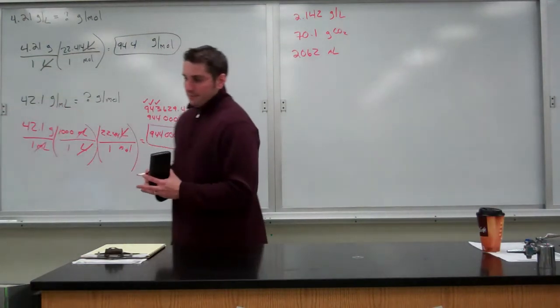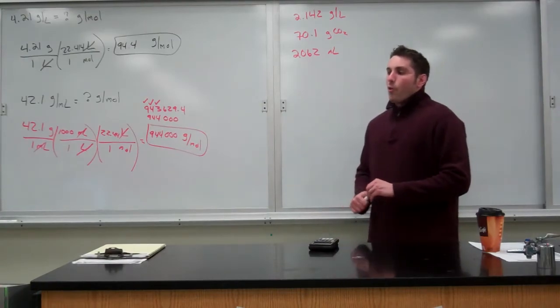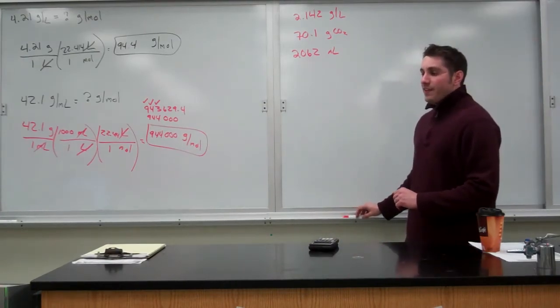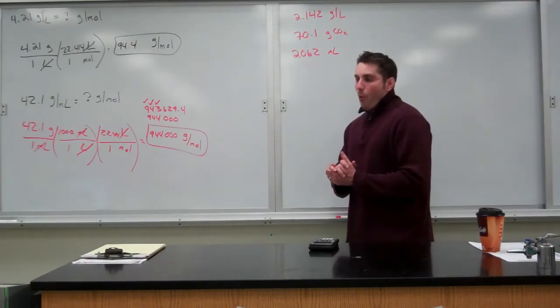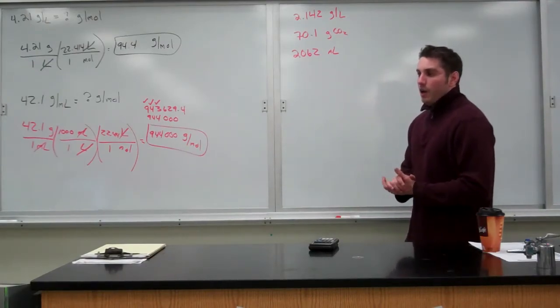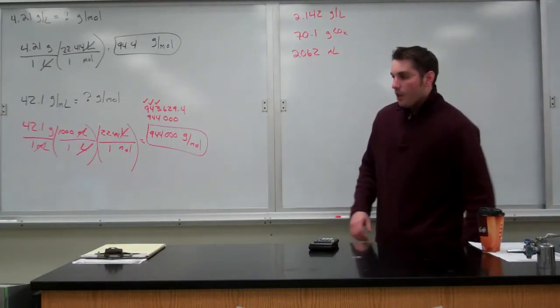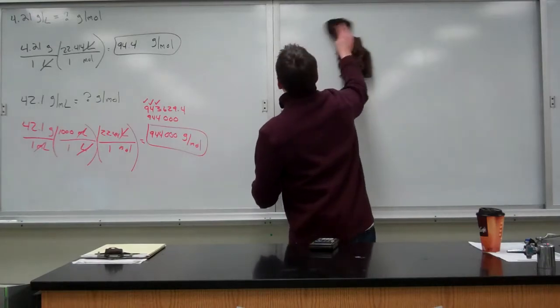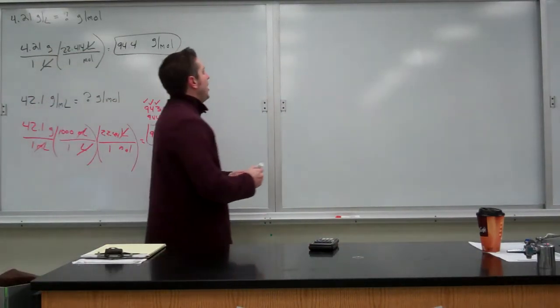Moving on, number 6. Number 6 says, if the mass of 421 milliliters of hexane, C6H14, is 1.61 grams at STP, what is the molar mass of the hexane? First thing I do is I list what I know.